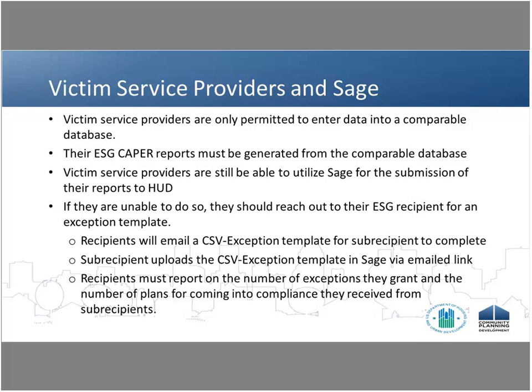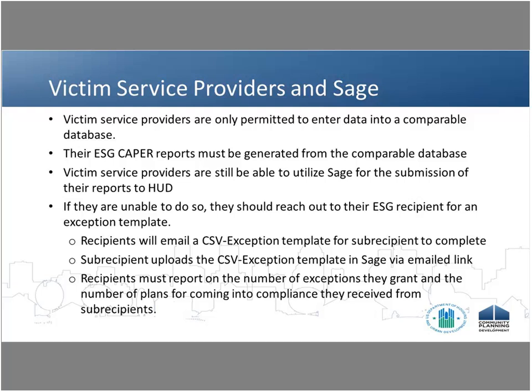And this is emailed to them through the same process by which recipients are sending their subrecipients the submission link used to upload the data. So they would get a CSV exception template, and that would give them the ability to enter their aggregate data manually, which could then be uploaded in Sage via the email link instead of a CSV.